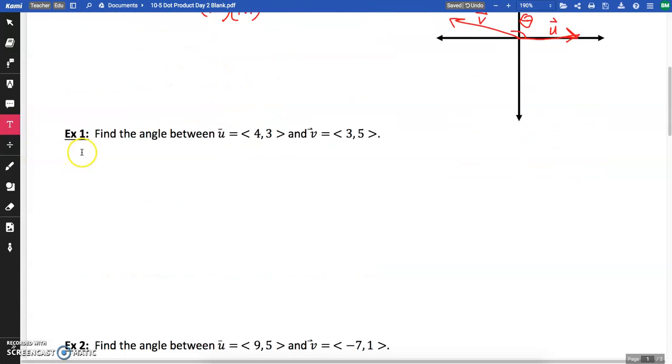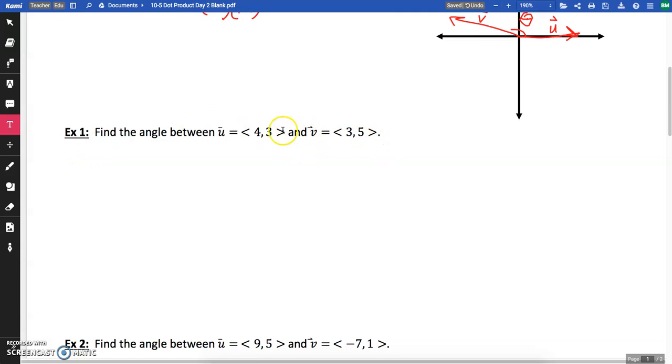So example 1, let's find the angle between these two vectors. We need a bunch of different pieces of information. We actually need 3 things to use that formula. We need the dot product, and then the magnitude of u and the magnitude of v. So let's start with the dot product, just like we did in the last lesson. So u dot v, we're doing 4, 3 dot 3, 5, so just a quick review of the dot product.